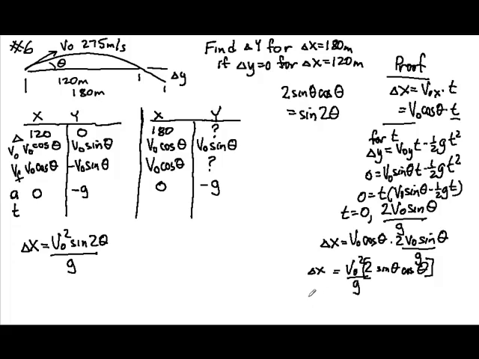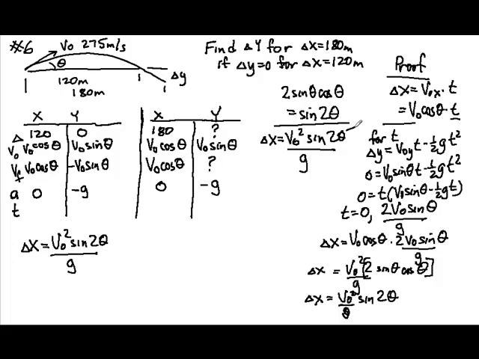Delta x is equal to v naught squared over g sine 2 theta. I'll just rewrite that: delta x is equal to v naught squared sine 2 theta over g.